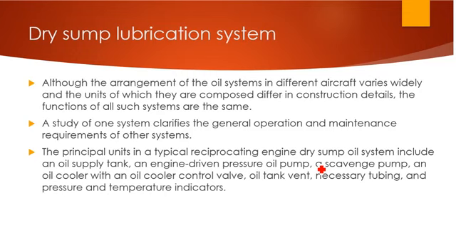So, mainly the units which make up this system are the sump, the oil pressure pump, the scavenge pump, the oil cooler, the oil cooler control valve, the oil tank vent, the necessary tubings, and temperature and pressure indicators.